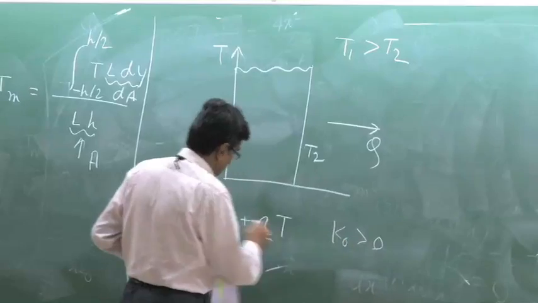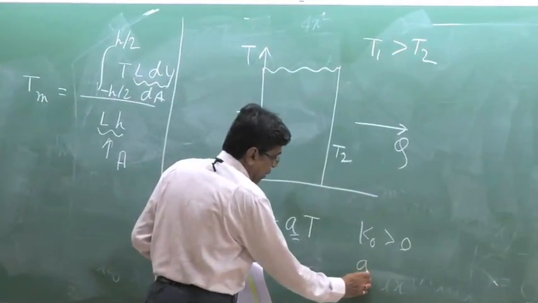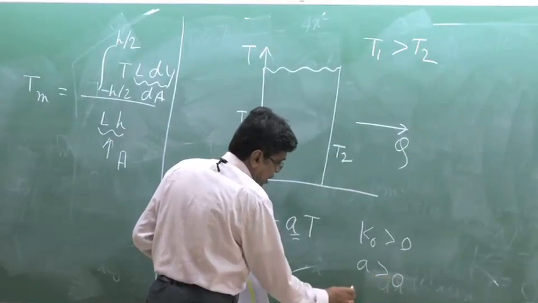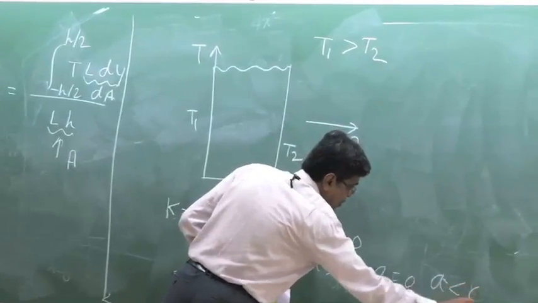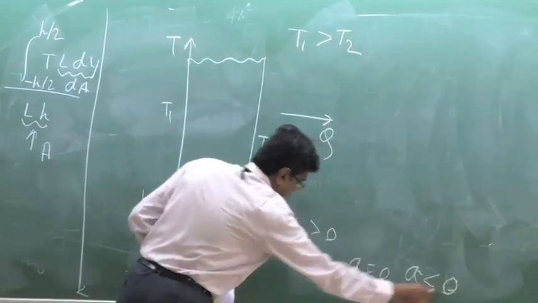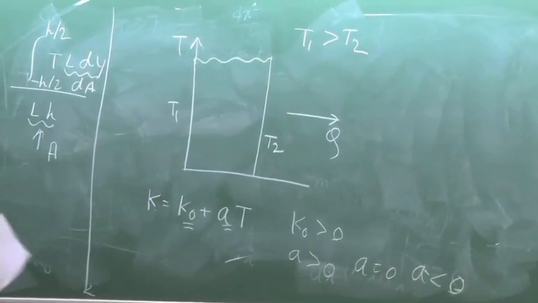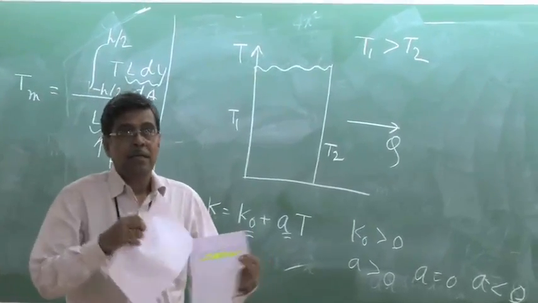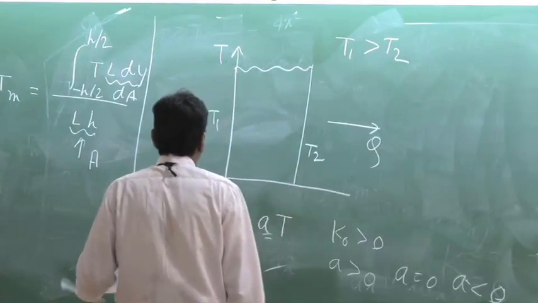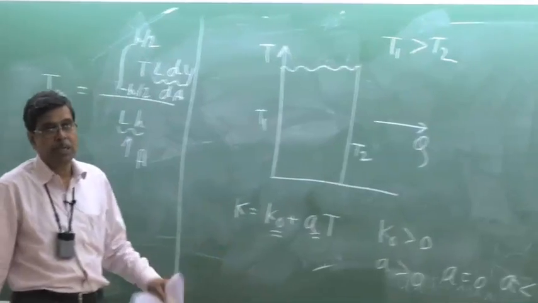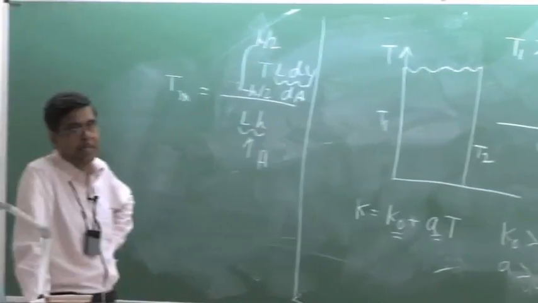Obviously K0 is the thermal conductivity, and A may be greater than 0, A may be 0, A may be less than 0. Accordingly, when A is 0, greater than 0, or less than 0, you will have to plot the temperature distribution, qualitatively.